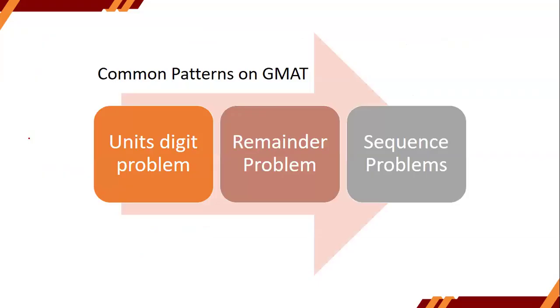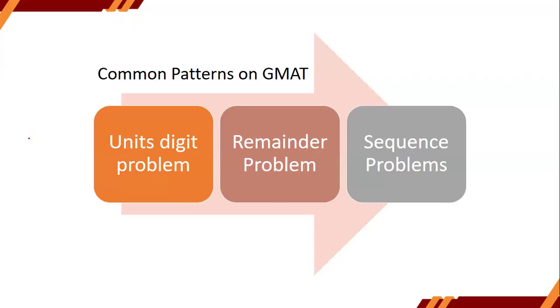Okay. Now coming to common patterns on GMAT. So basically we can say pattern recognition questions on GMAT. Now, how will you get to know that you need to figure out the pattern in these questions? A very simple tip: maybe you come across a calculation which is not at all possible to do.